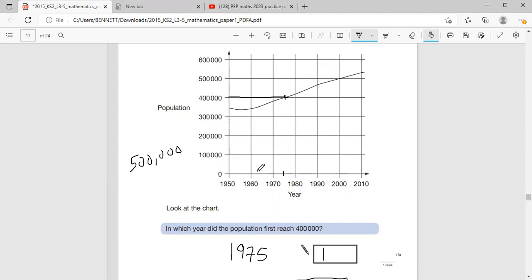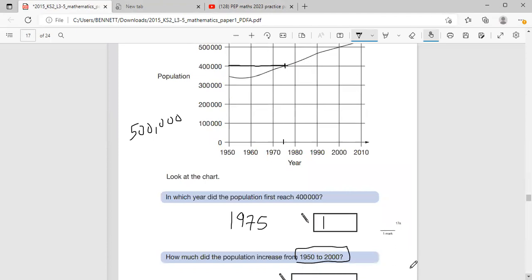And we're going to subtract 1950, which is right here. So this would be about 300,000. Yeah, we reach halfway, so we're going to say 340,000. This one is basically an estimate.